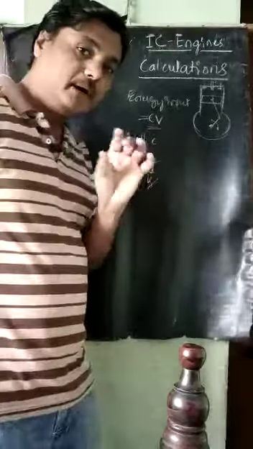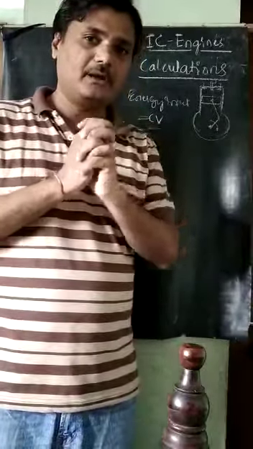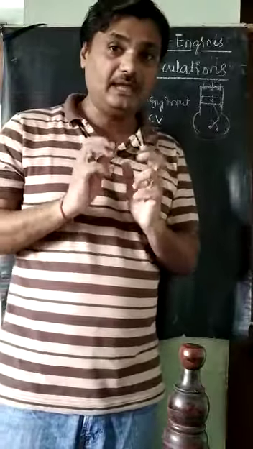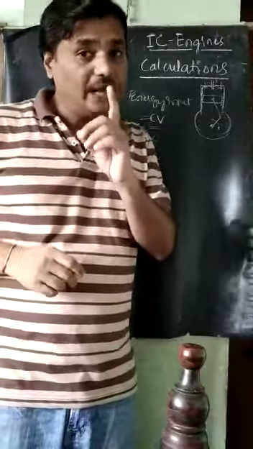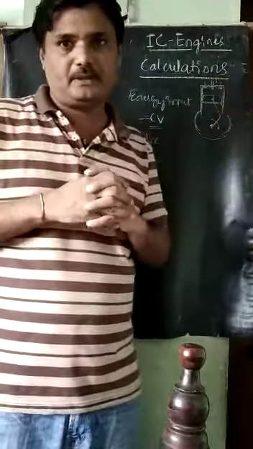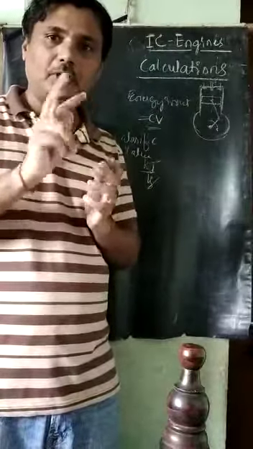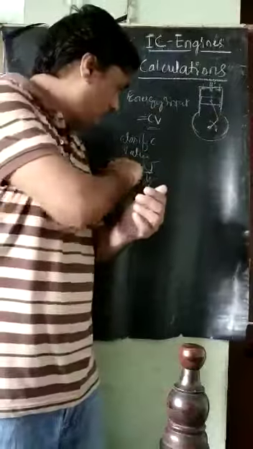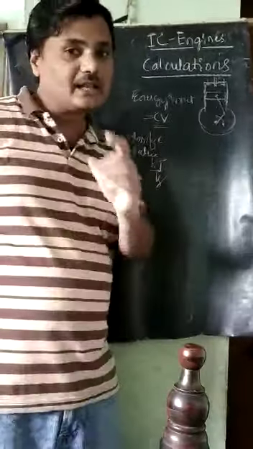Kilojoule is the measurement of heat energy. Per kg means per 1 kg, how much heat it can release. It is more for petrol, less for diesel. Compare these two. So kilojoule per kg is the calorific value of the fuel.